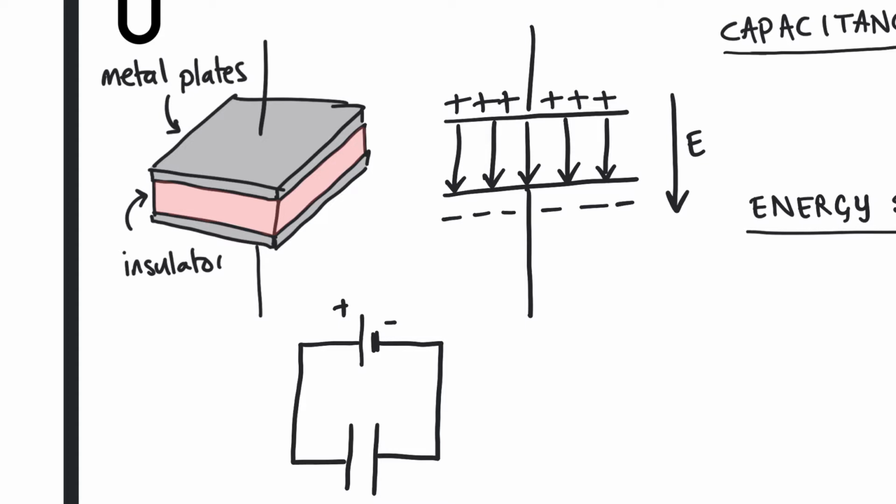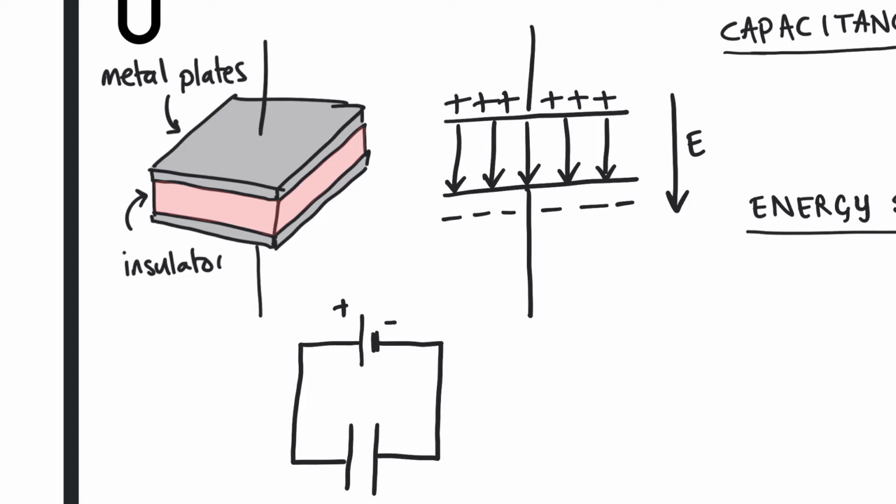To understand how a capacitor works, we need to think about electron flow and how electrons move within a circuit. Usually when we talk about electrical circuits, we talk about conventional current going from positive to negative. However, in reality, it's the electrons that are moving and they're going from negative to positive.